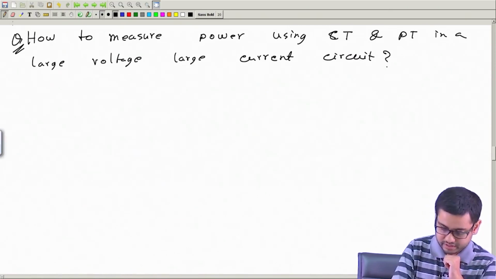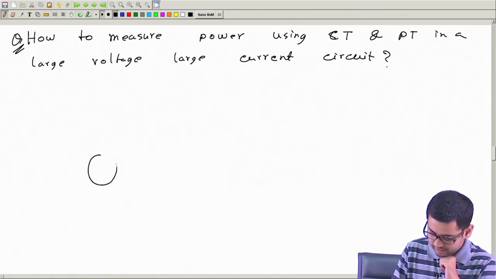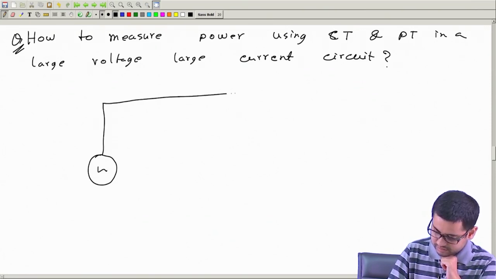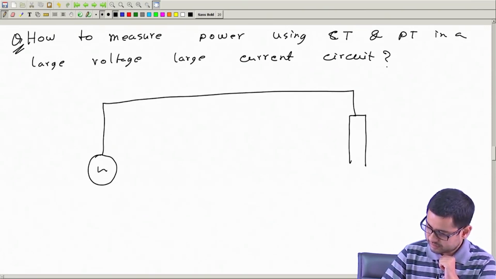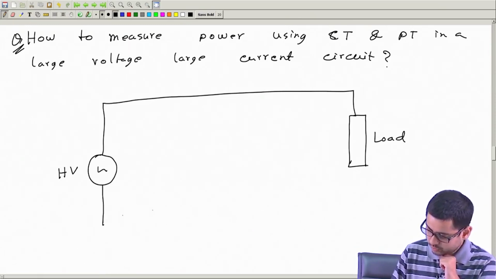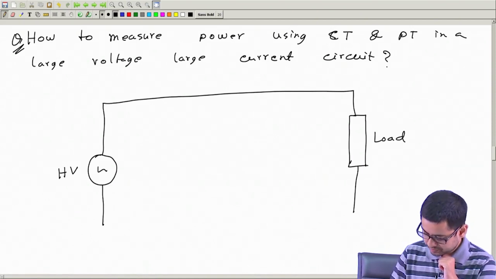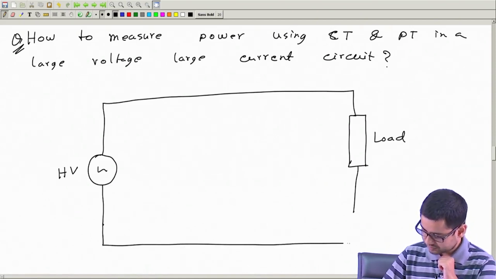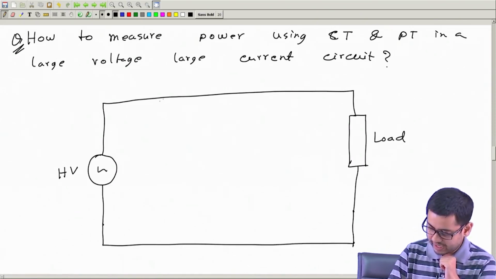Okay, say I have a circuit like this. So this is a huge voltage, a high voltage which is feeding this load, and this current is also very high, a high current.